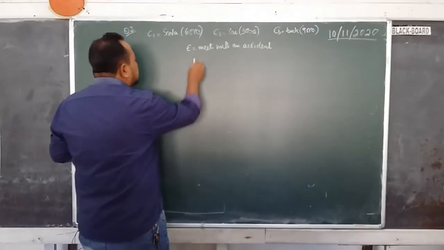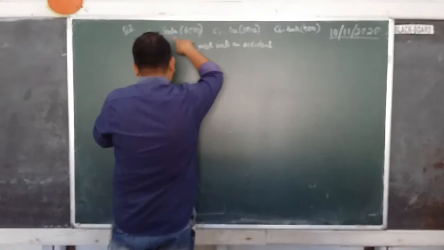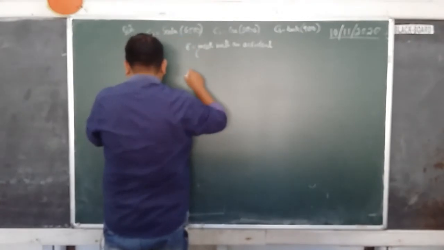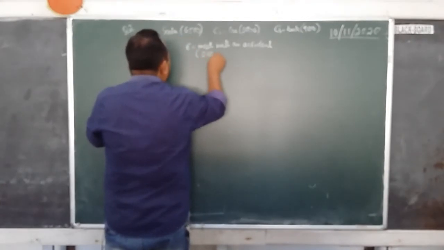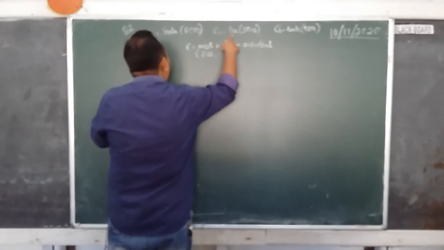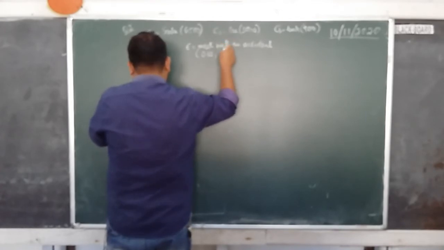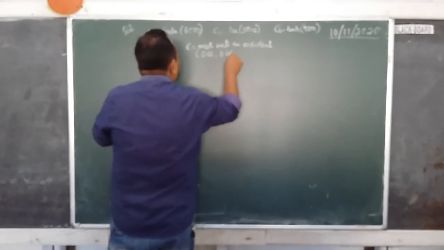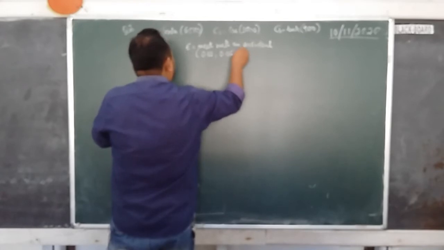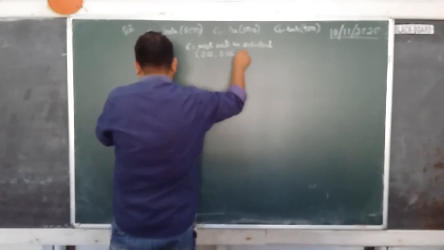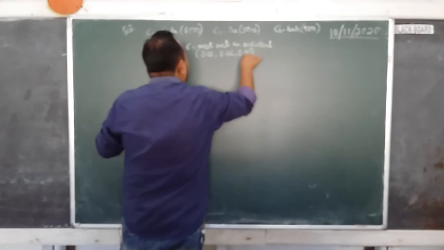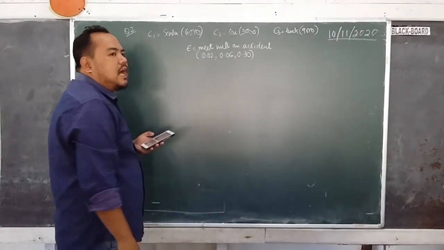So the probability that the scooter rider meets with an accident is 0.02. The probability that the car driver meets with an accident is 0.06, and the probability that the truck driver meets with an accident is 0.30. So this is given. Let me read the last part again.